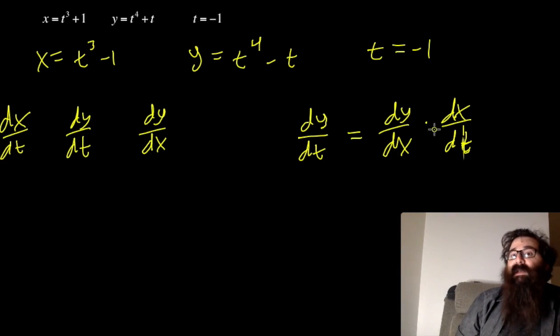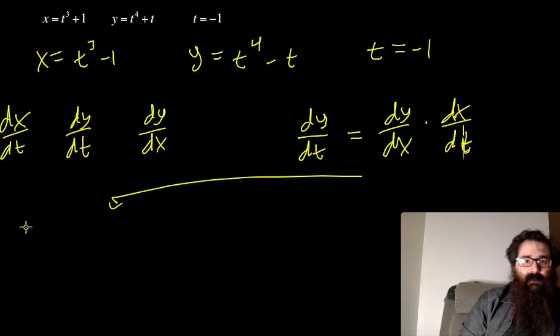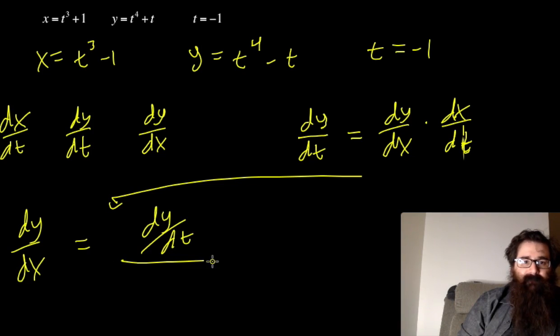We'd say, well, the dx is kind of canceled. There's more to the story than that. We know that. But we were essentially saying dy/dt equals dy/dt on both sides. But what's nice is that with this representation, I can actually solve for dy/dx. It looks like all I have to do is divide by dx/dt. So we'd say, okay, well then dy/dx, my Calc 1 derivative, is dy/dt divided by dx/dt.